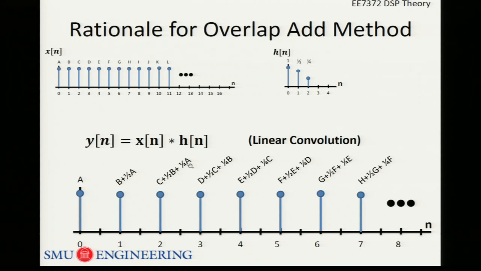And hopefully by staring at this you can see in your mind's eye h of n. If I flip it over and move it, at this value c I will have 1 times c plus a half times b plus a 1/4 times a. Ergo, I have that here. So that's what we're trying to achieve.